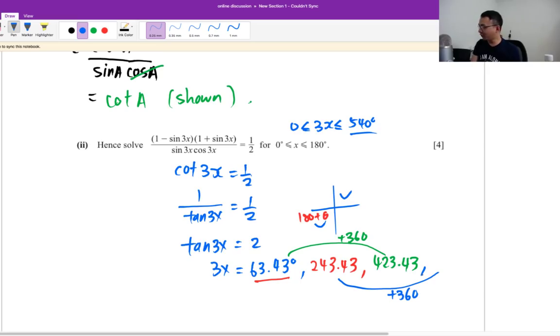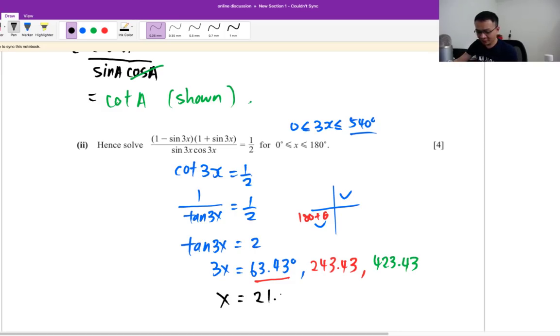But because 243 plus 360, you already get 600 something. You will get 603.43. This one is above 540 already. So this answer I will take off because it shouldn't be above that. Then I get my x by dividing every answer here by 3. So I will get 21.14.